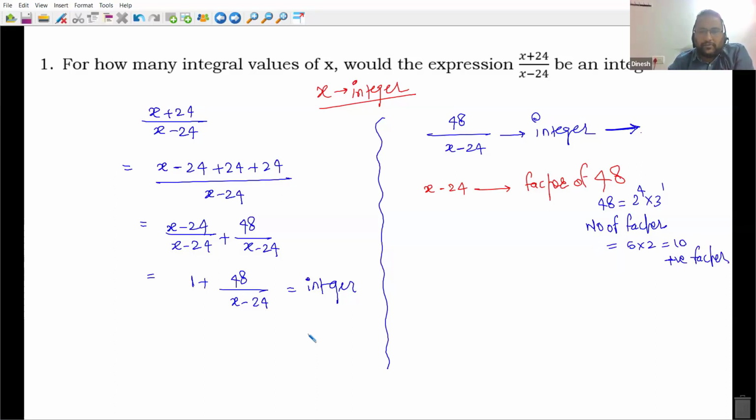Yes, Harshita, tell me, where is the doubt till this? Sir, I was able to derive 1 plus 48 by x minus 24, but after that I totally missed it. If you subtract 1 from both sides, the given expression will still remain an integer. Are you getting this?